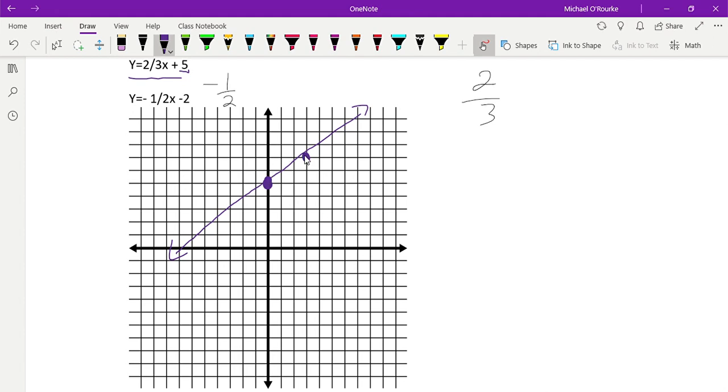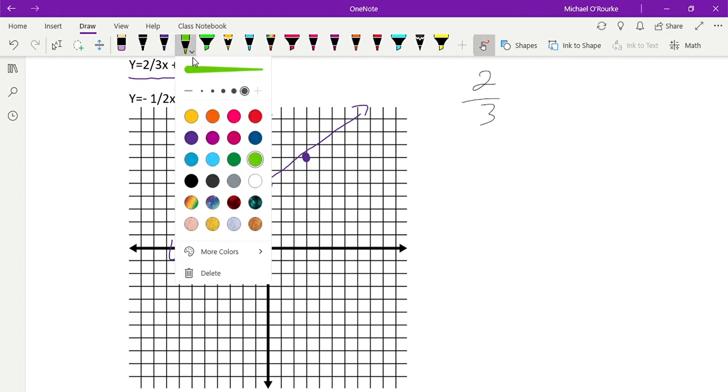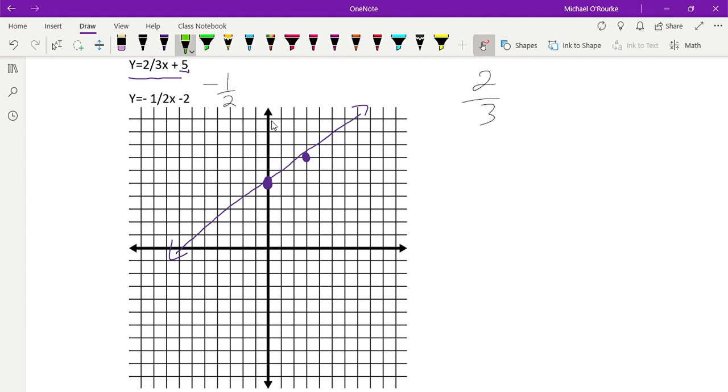Oh, that's what I did. I was looking at the 2 over 3 instead of starting with the 5 and doing the other one. I think yours looks good. Haley, yours looks good.